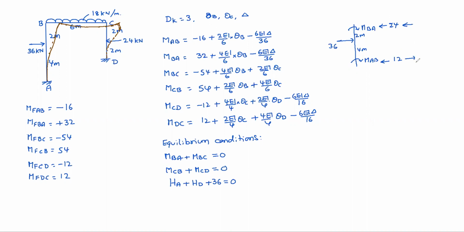That is MAB plus MBA by 6. So HA is nothing but MAB plus MBA by 6 minus 12, because 12 is in the leftward direction. That is HA. Similarly, HD can be found. This is 24 kilonewtons, and for this 12 and 12, because 2 meter, 2 meter.